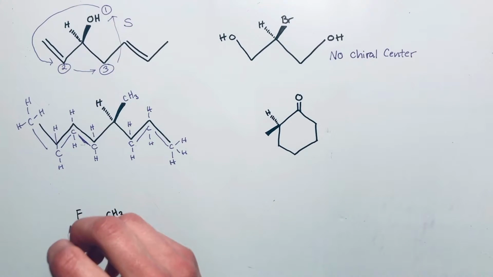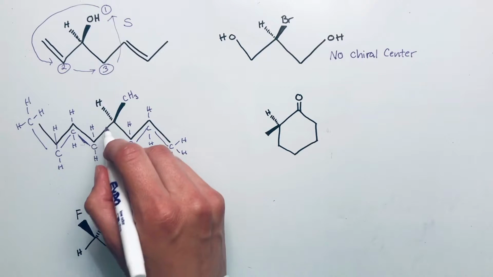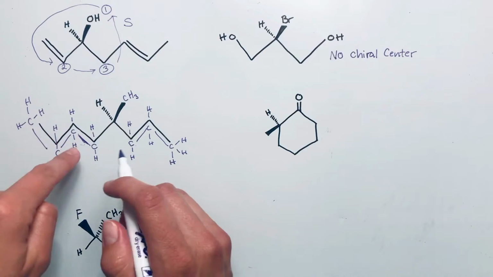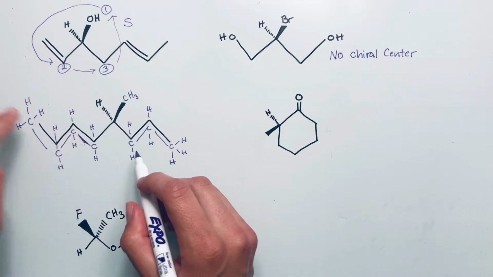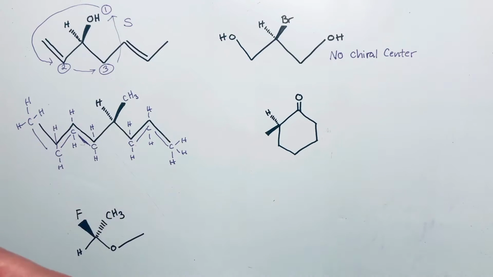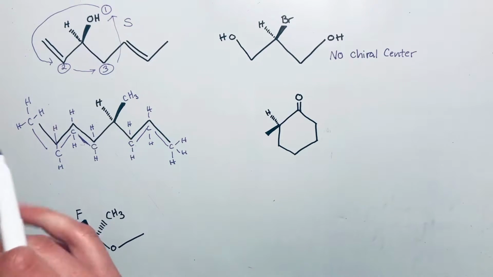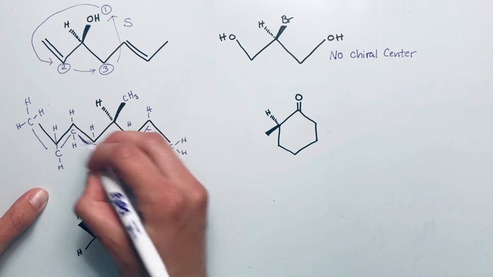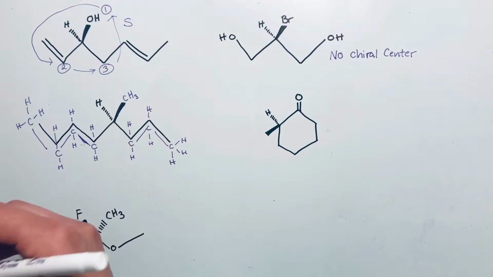Okay, so looking at this one, this is bigger right here. Carbon has more carbons. 1, 2, 3, 4. 1, 2, 3. So this one has a higher atomic number overall if you add them together. So this side right here is going to be 1. I'll use a different marker for this.